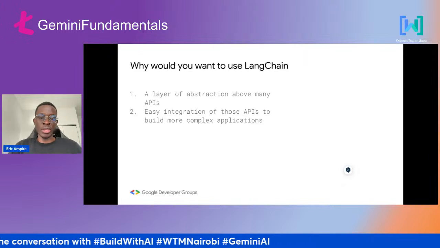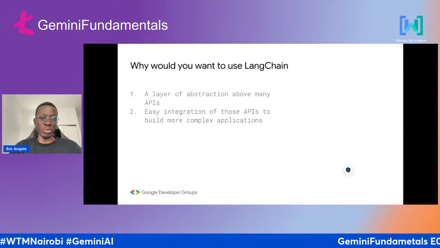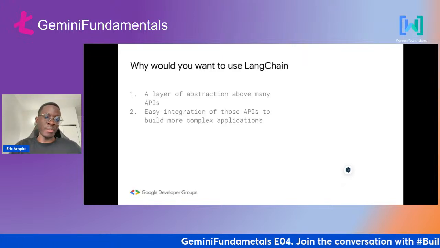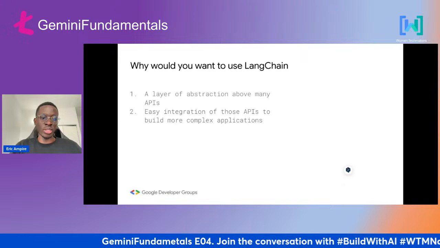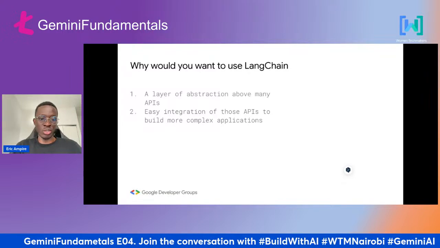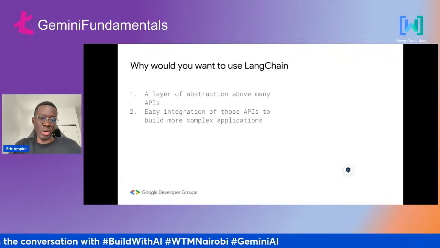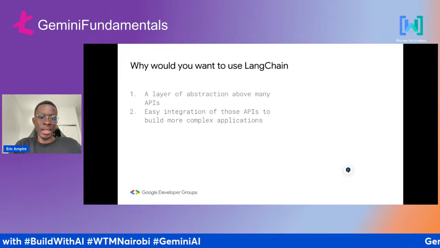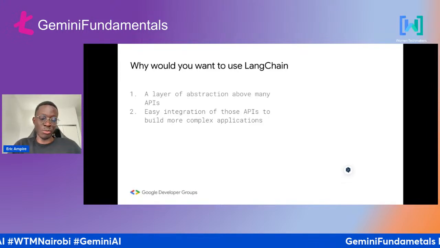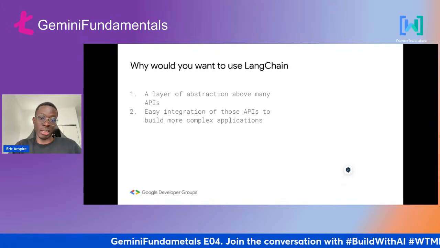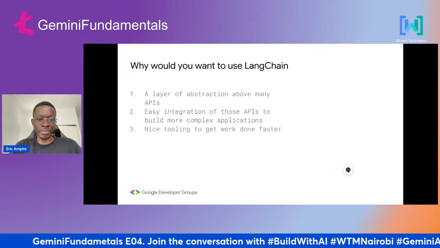You can do that by using all those APIs separately, which means you can use the Gemini API and the GPT API, and try to combine them together to take advantage of each of them. But if you want to do that in the easiest way, you can use LangChain. We are going to see in a couple of moments how LangChain can help you integrate those LLM APIs easily and build a complex application.